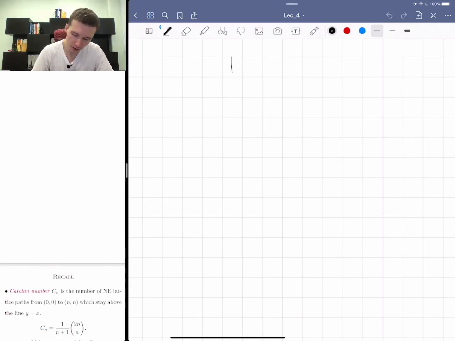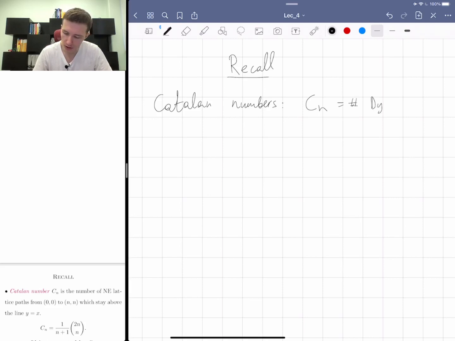So a reminder, first let me briefly mention the Catalan numbers. Last time we were talking about Catalan numbers, which are denoted Cn. Cn is the number of Dyck paths from (0, 0) to (n, n).